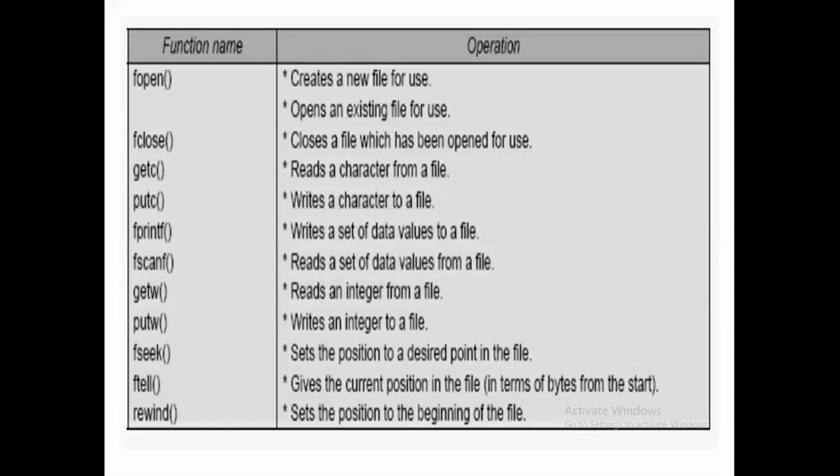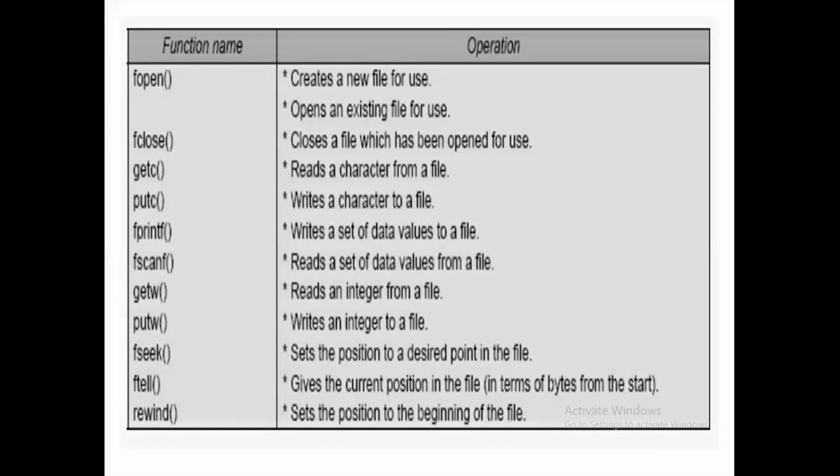Next, fprintf, fscanf. By using getch, gets, getc, putc, we are handling only characters. By using getw, putw, we are accessing and providing integer information only. So getc will not provide integer information, will not provide floating point, will not provide any other data except character.